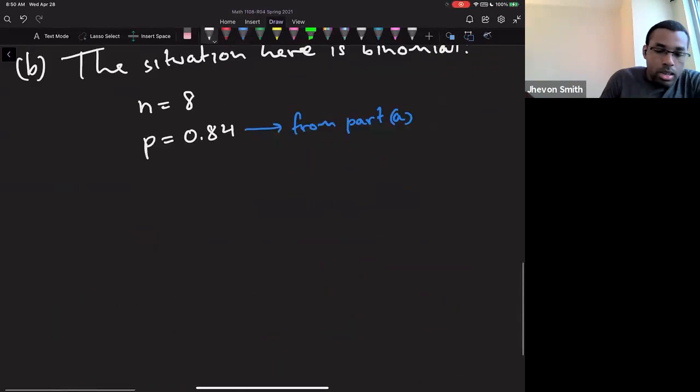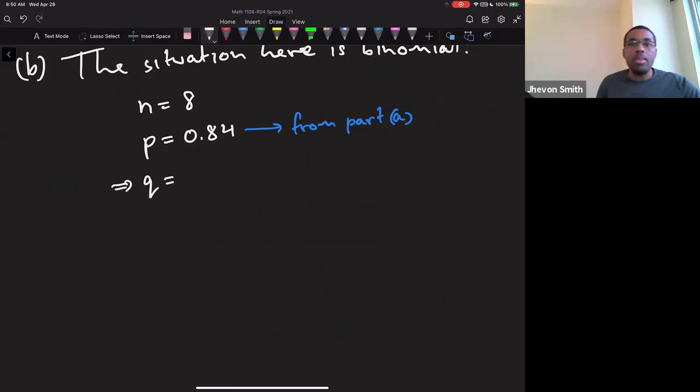This, of course, means that the probability of failure is, not 36, 16%, right? That's just 1 minus p.